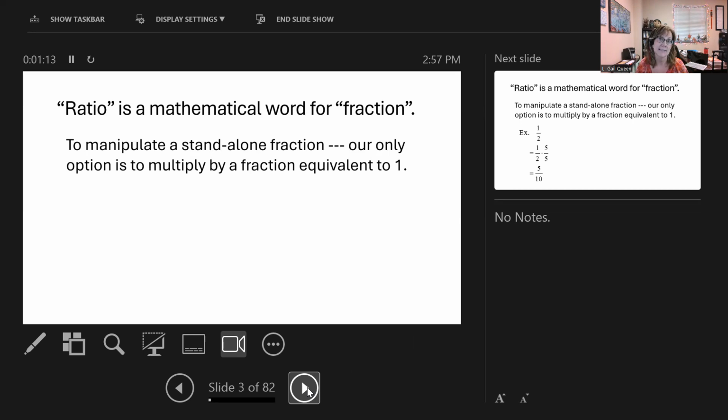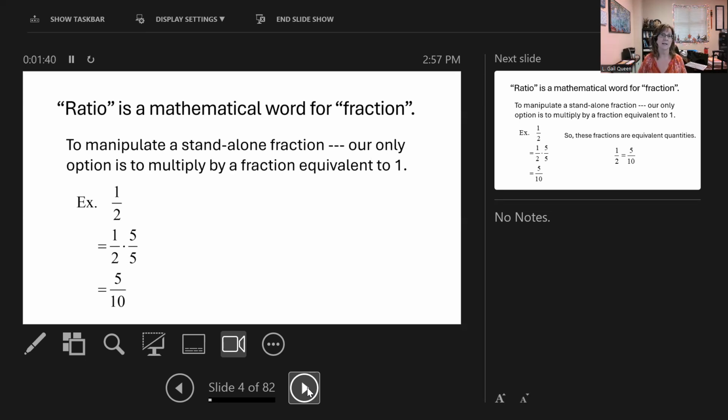To manipulate a standalone fraction algebraically, we only have one option. Our only option is to simply multiply it by a fraction equivalent to 1. You've done this before. For example, if I take the fraction 1/2 and multiply it by 5/5, what am I really multiplying by? 5/5 is equivalent to 1.